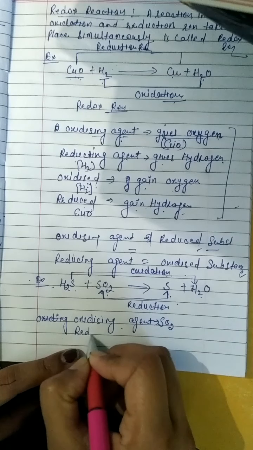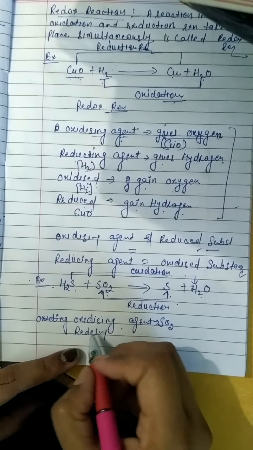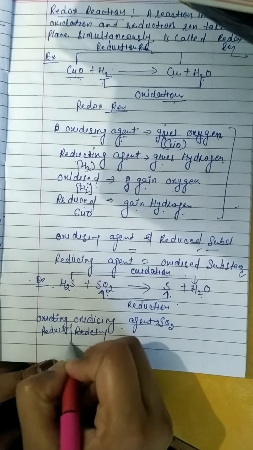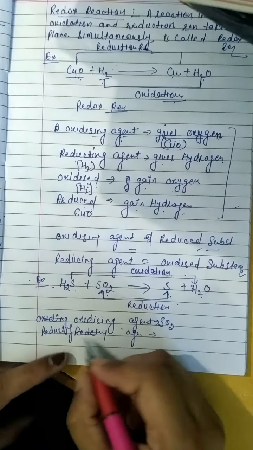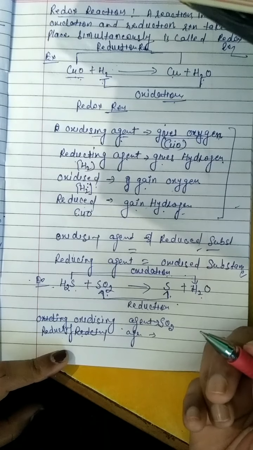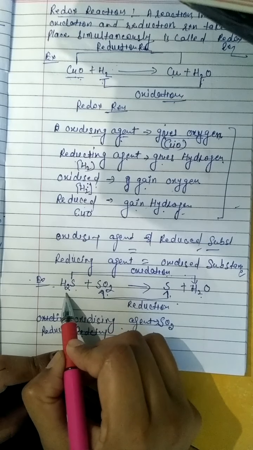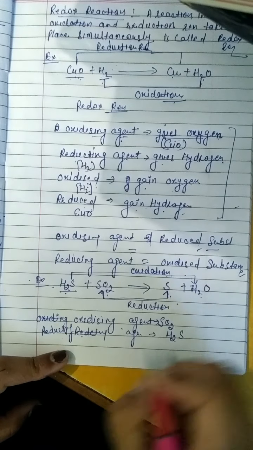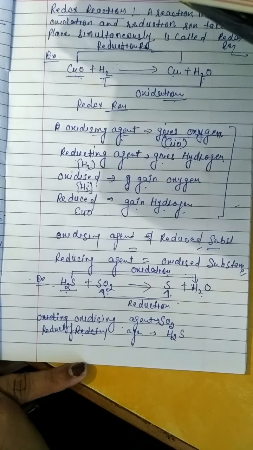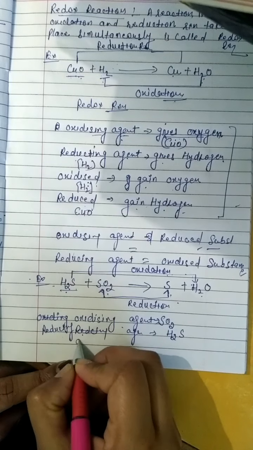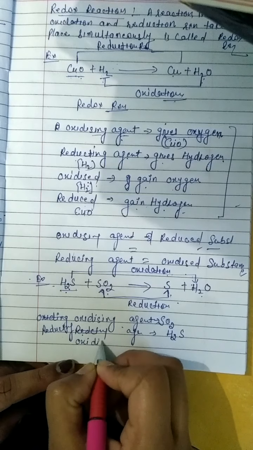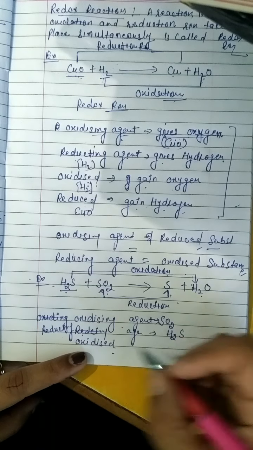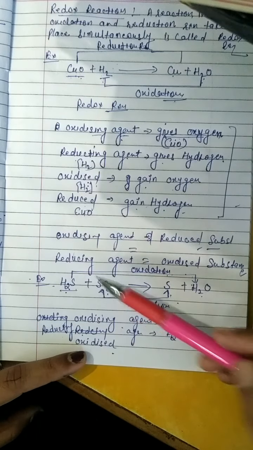Second one is a reducing agent. Reducing agent is that gives hydrogen. Hydrogen जिसके पास होगी वही रहेगा ना. From this, the H2S behaves like a reducing agent. Second one is the oxidized. Oxidized means that gains oxygen.